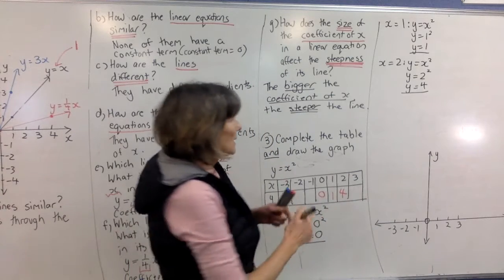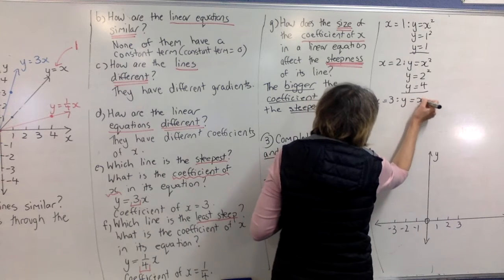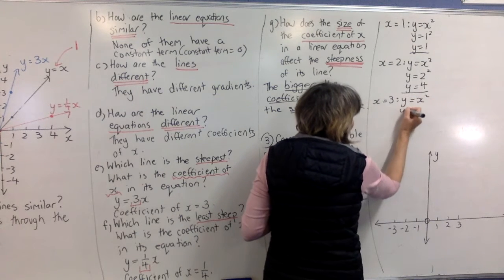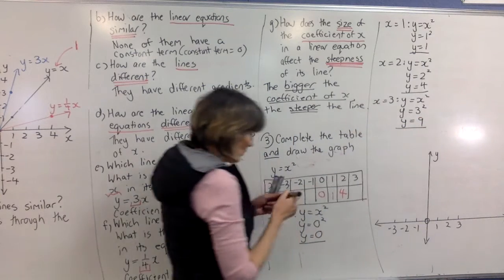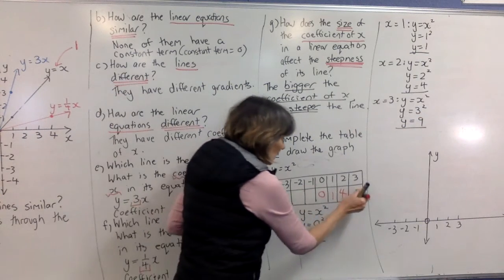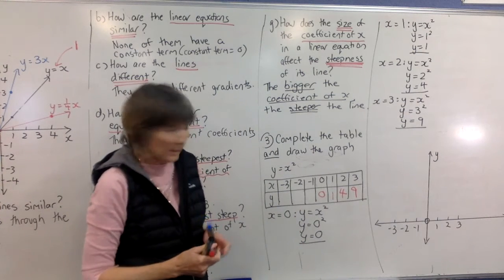Okay, the next one is x equals 3. So we're going to put that into our equation. So 3 goes in for x, and we end up with a 9 if we use our calculator. So I expect everyone to get those ones right in a test.